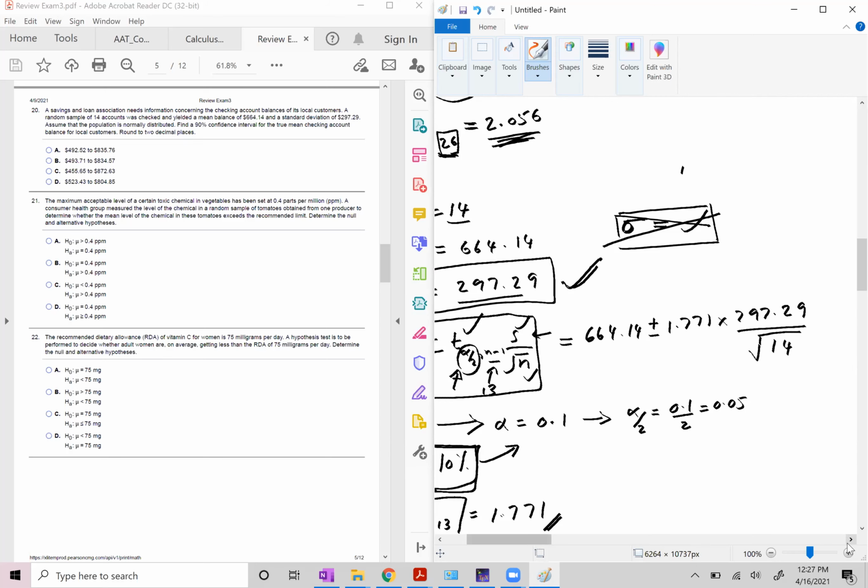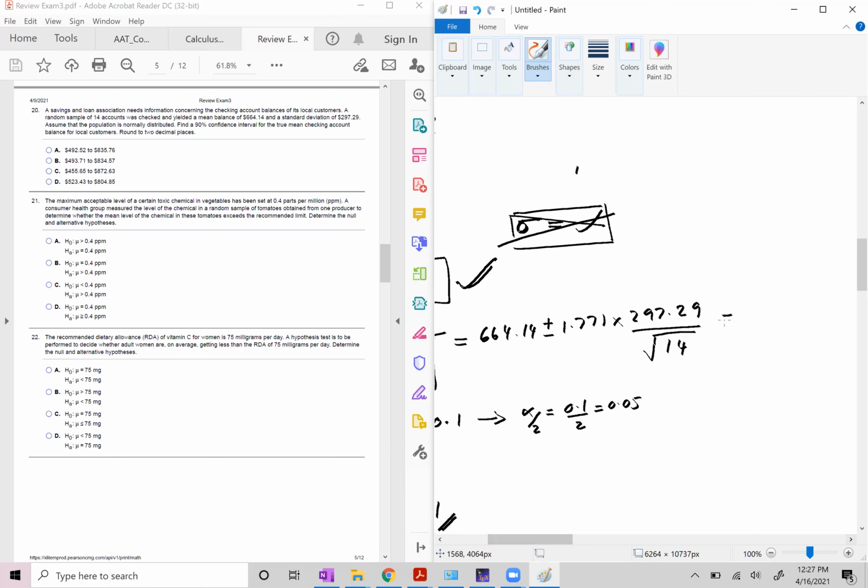Now the statistical part is done. You simply need to use the calculator properly from now onwards. When you calculate the plus or minus part, you will get the answer 140.713.